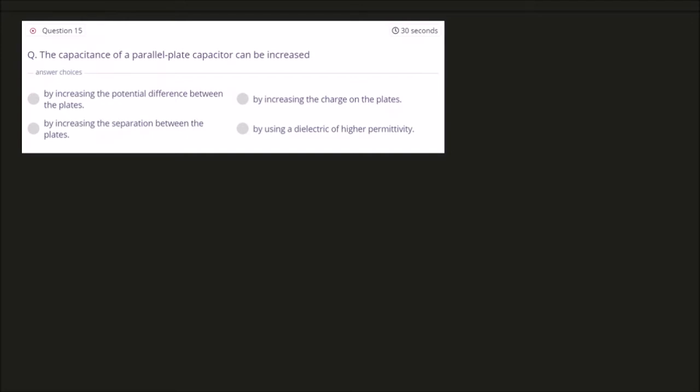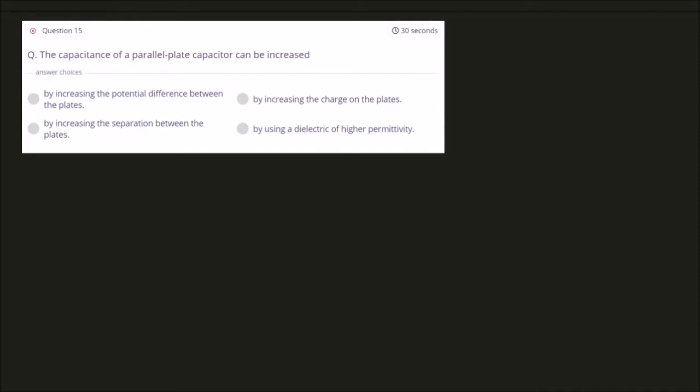You cannot change the capacitance by changing something within the circuit. Let's say you want to increase the voltage of a power supply. That is changing the circuit. You are not making any changes to the capacitor itself. So if you are not making changes to the capacitor, you can't change its capacitance.